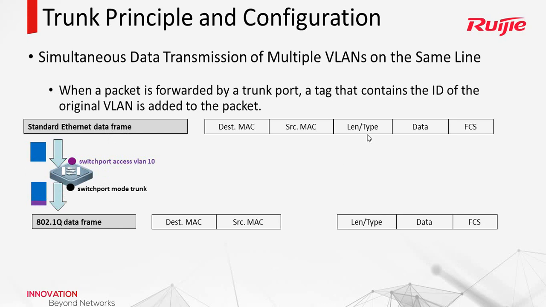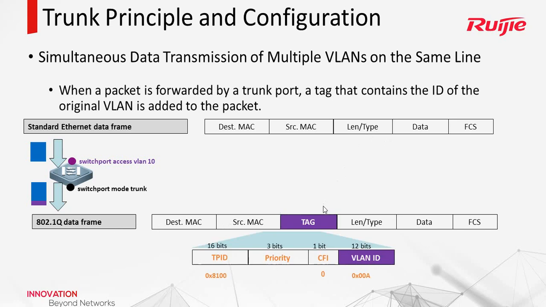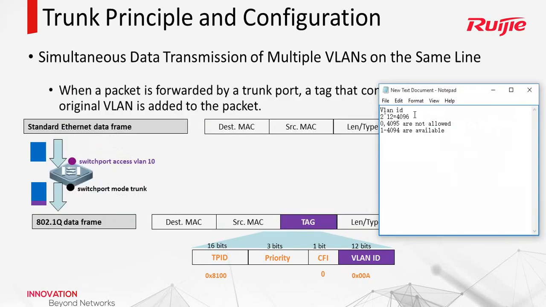So what's the difference between them? We can find there is a new tag here, and this tag has 32 bits. We only care about the last 12 bits. Its name is VLAN ID. Now we can calculate: 2 to the power 12 equals 4096.